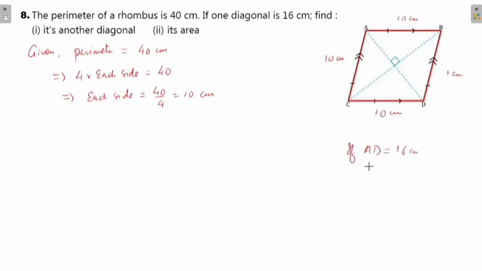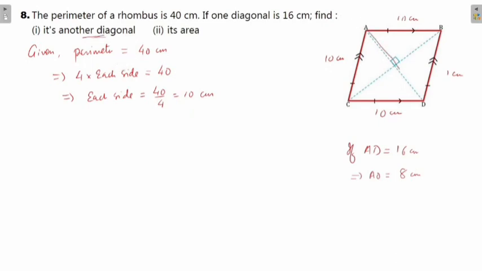So AO will be equal to, obviously using the property, 8 centimeter. So again use Pythagoras theorem in this diagram, and you will be able to find this. If you are able to find this, you will be able to find another diagonal. Just multiply this by 2, so you get your other diagonal.